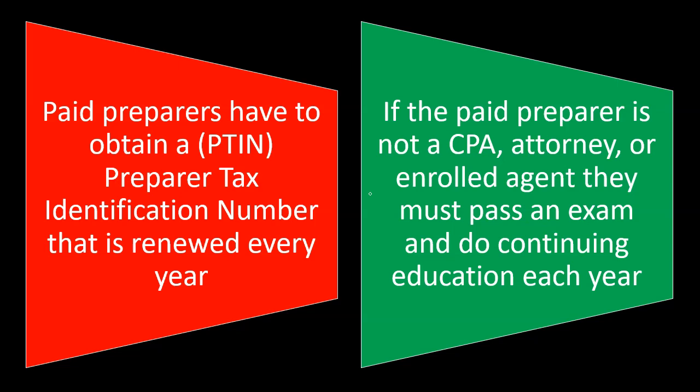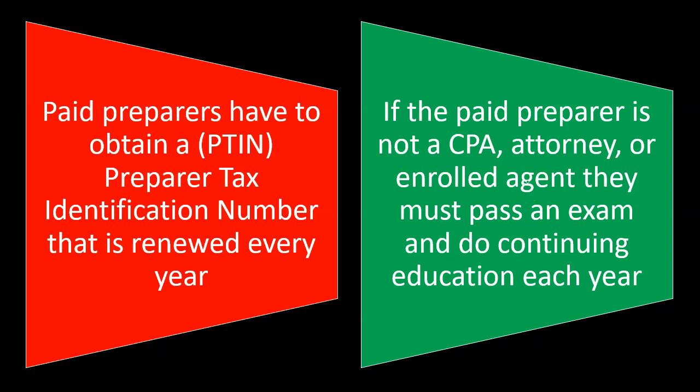Now, of course, if they are a CPA, attorney, or enrolled agent, those are going to be regulated within their own systems. If you're a CPA, you're going to have to renew your CPA license periodically, and in order to do that, you're going to need some kind of continuing education as well, governed by the governing body related to the certified public accountant designation, as well as for attorneys and enrolled agents.